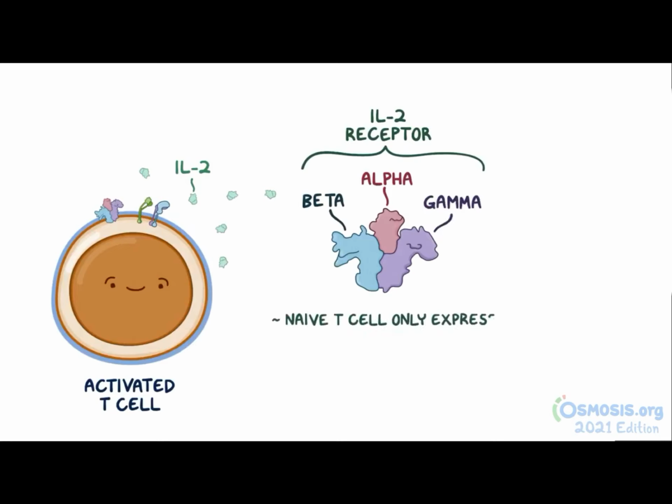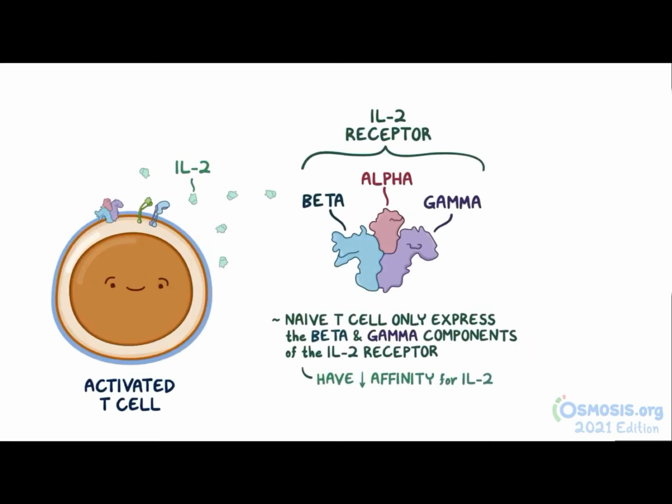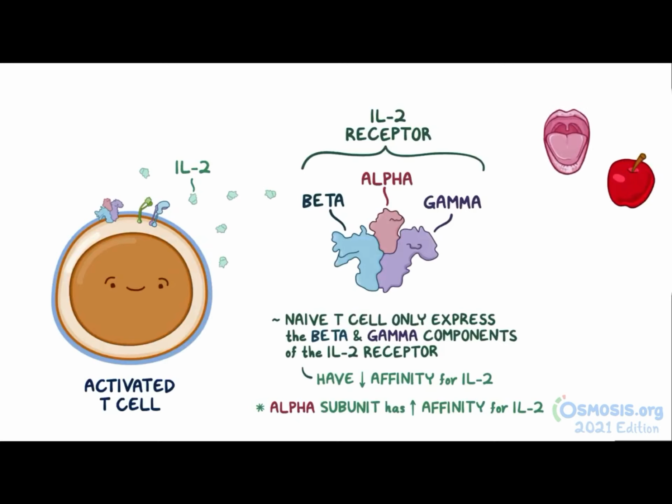A naive T cell only expresses the beta and gamma components of the interleukin 2 receptor, but these have low affinity for interleukin 2, in contrast to the alpha component, which has a high affinity for interleukin 2. Using just the beta and gamma components is kind of like trying to eat an apple with only your lips and tongue. And upregulating the alpha component is like using your teeth to take a big bite out of the juicy apple. Much more effective and satisfying.